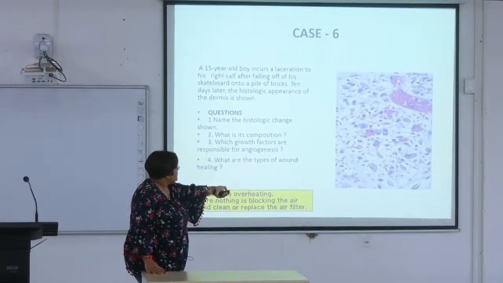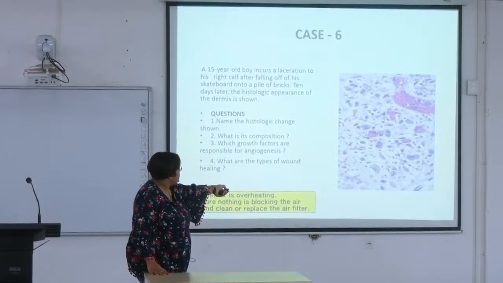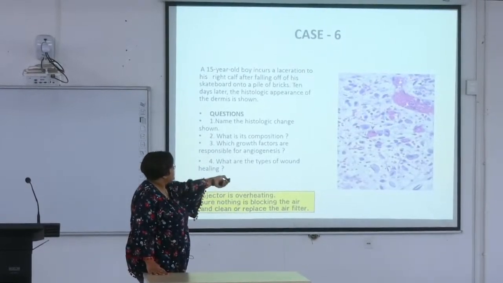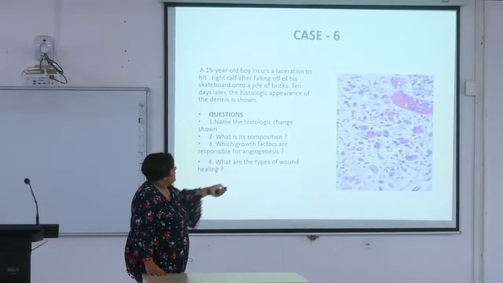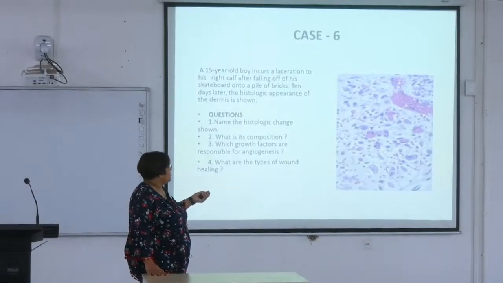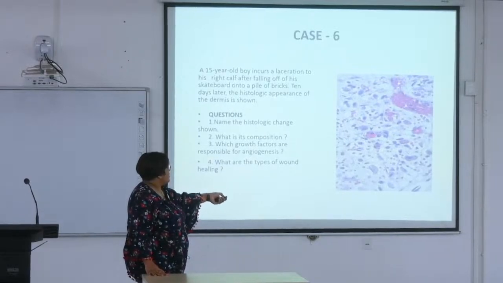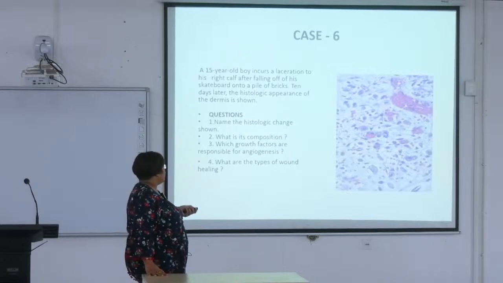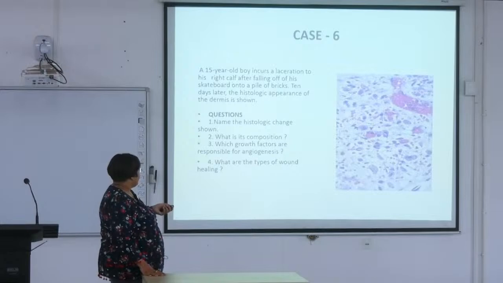This arrow mark, these are the fibroblasts. These fibroblasts cause contraction of the wound, and these small blood vessels, this one, this one, this one, they are the main component of this granulation tissue.